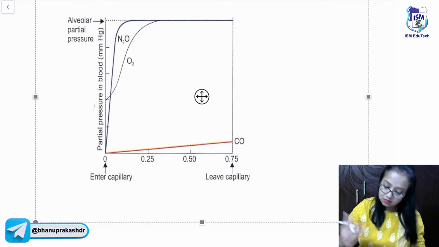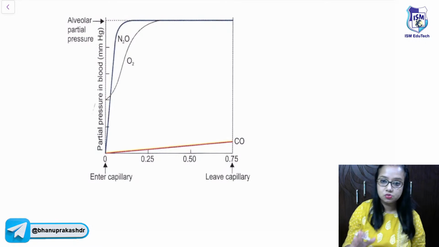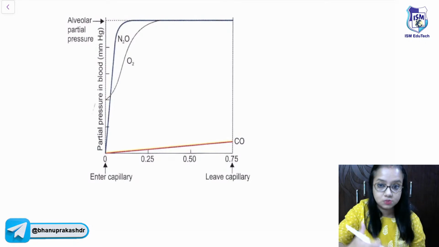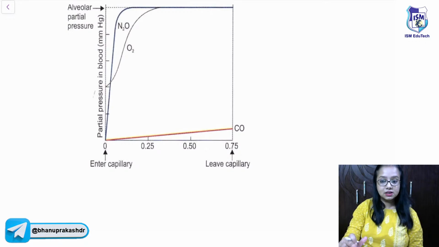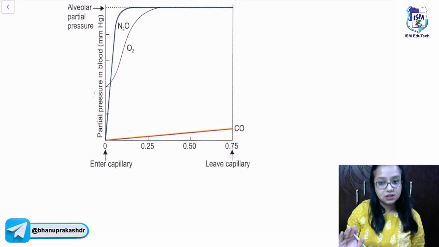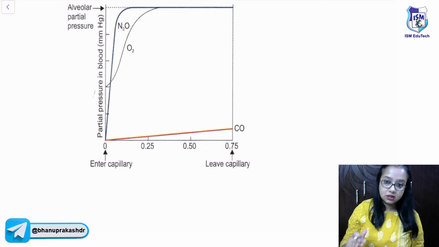Now, when we are inspiring gas, there is more than one gas that gets into the respiratory tract. The major gases are nitrogen, which is an inert gas, oxygen, and carbon dioxide. Carbon monoxide also gets inside the system, but it follows a different mechanism.